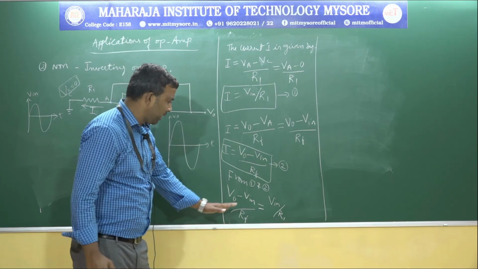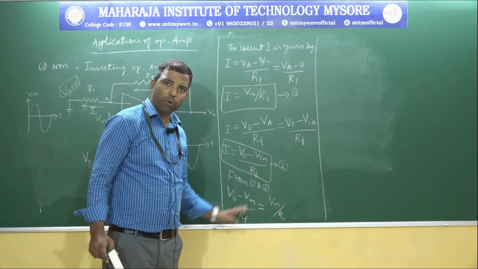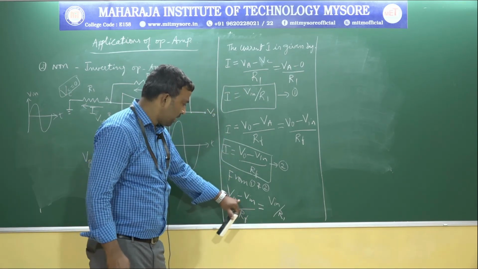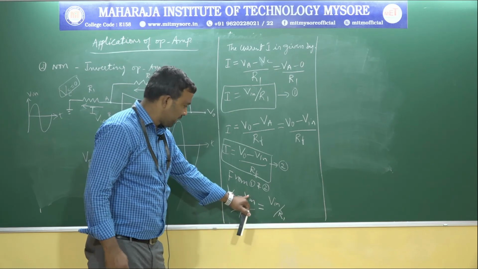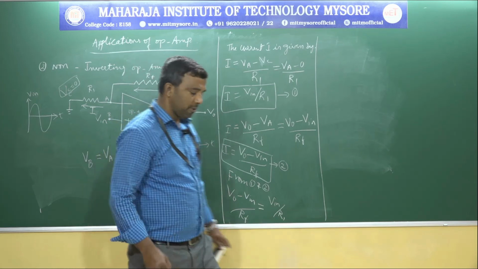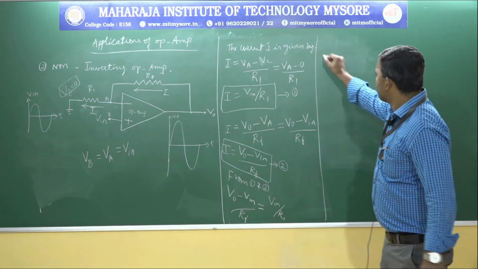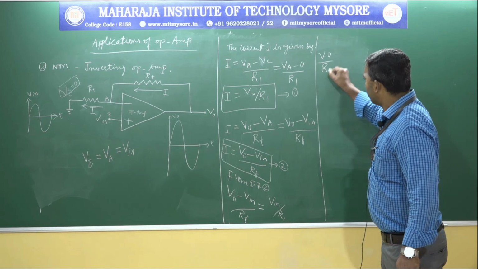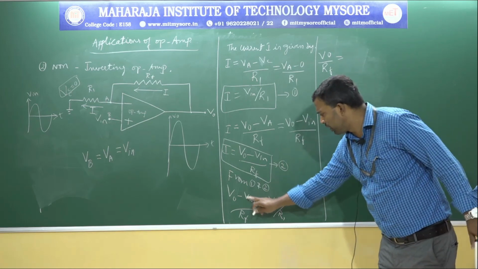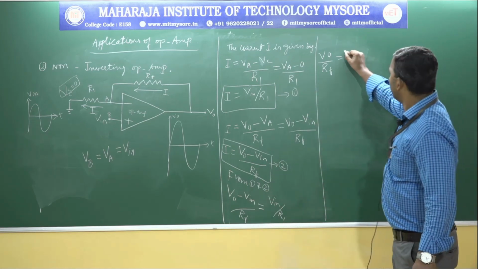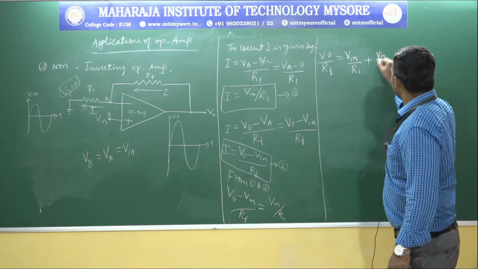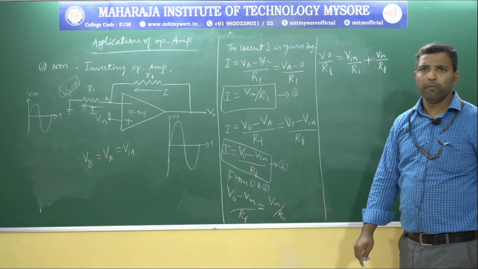Taking the Vin term to one side and the VO term to the other side, we can write this as VO by RF minus Vin by RF. This minus Vin by RF, I will take into the right hand side. Therefore, it becomes VO by RF equal to Vin by R1 plus Vin by RF.